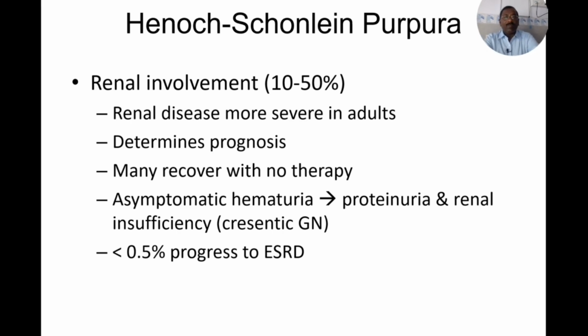Then the renal involvement. Renal disease is more severe in adults. It determines the prognosis. So the more severe the renal involvement, obviously they need very aggressive management, and sometimes it is a fatal disease also. Many recover with no therapy, maybe self-limiting in some individuals. Asymptomatic hematuria, proteinuria, and renal insufficiency, more the crescentic glomerulonephritis, and 0.5% progress to end-stage renal disease.